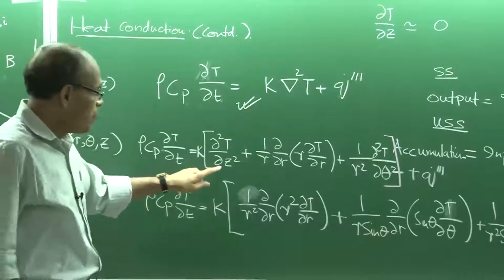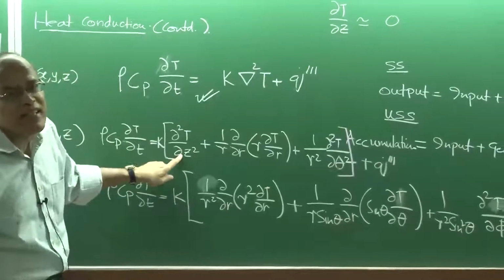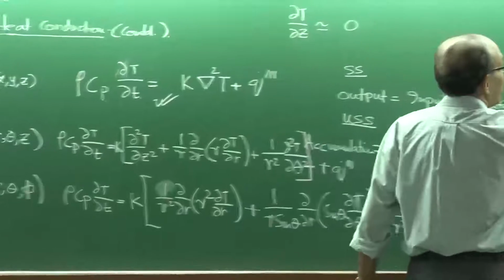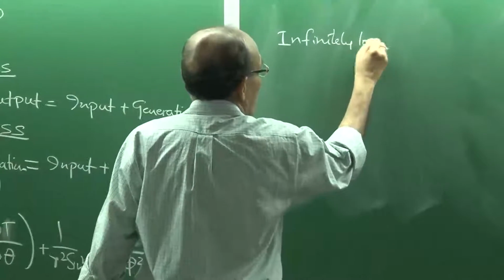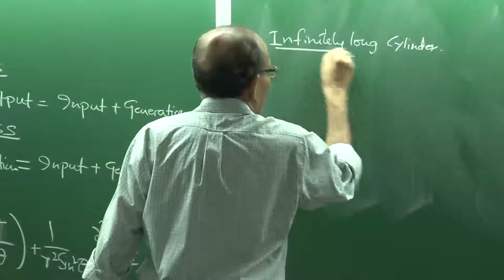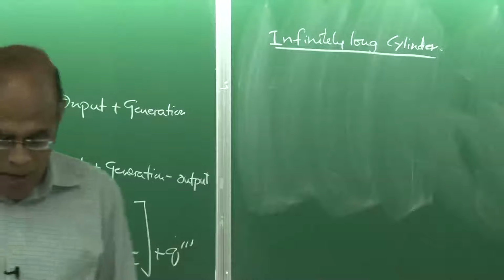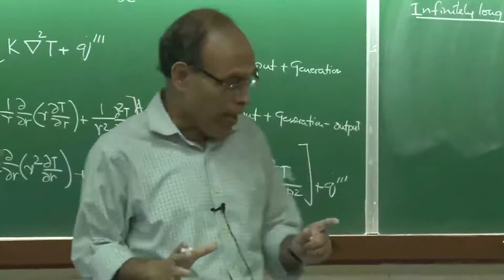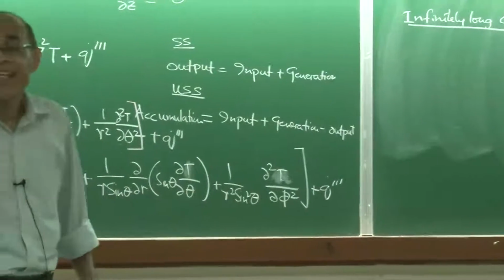Similarly, I am not assuming any heat transfer along the z direction. As I have indicated, I am assuming that the cylinder is very, very long, and then we introduce the term infinitely long cylinder. So, I am considering a steady state heat transfer phenomenon in cylindrical polar coordinate system, where the cylinder is infinitely long and there is theta symmetry.